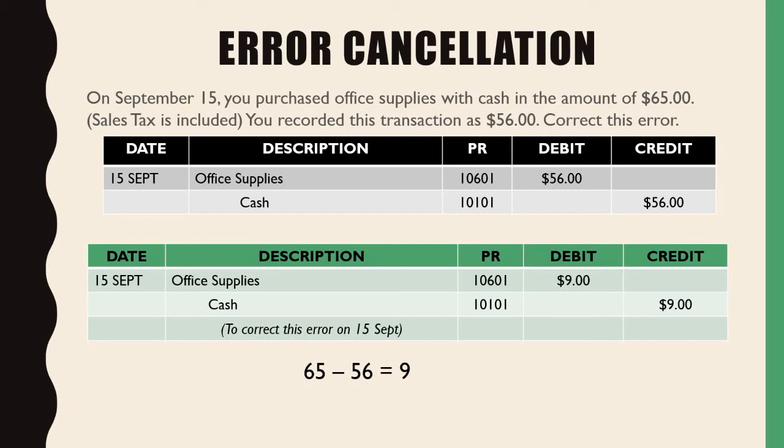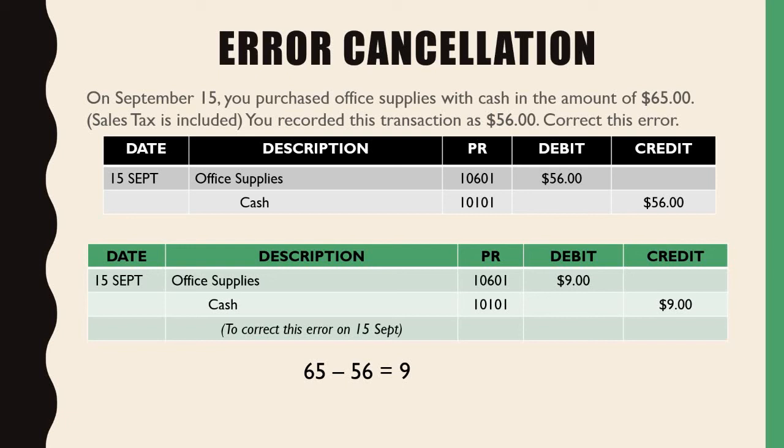Okay, so this one again is for more advanced people who understand this mistake. But one mistake that we often see is that you may place it in the wrong account. You may accidentally put cash as a debit and your office supplies as a credit. You may even credit or debit the wrong amount.